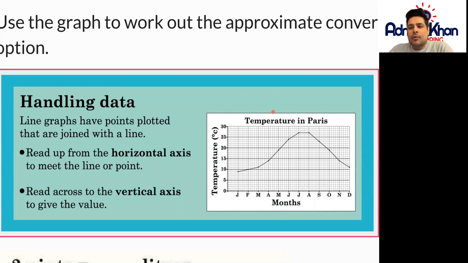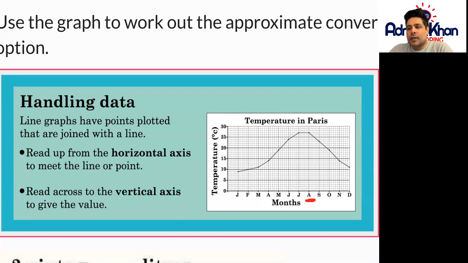It's quite simple. If we need to work out what the temperature was, let's say, for example, in August, let me show you how we can do that. August is here, that's what A stands for.